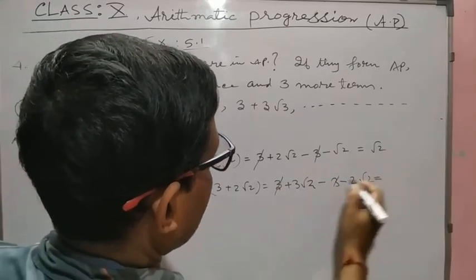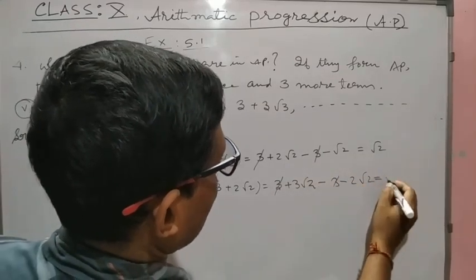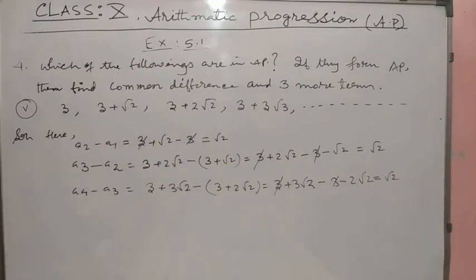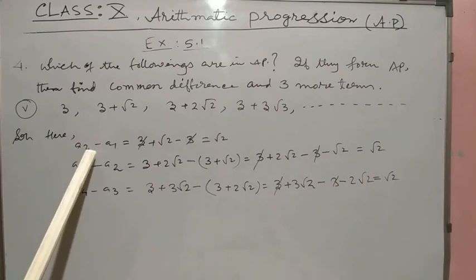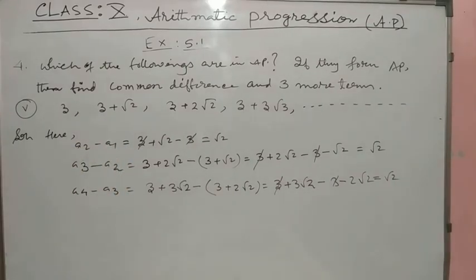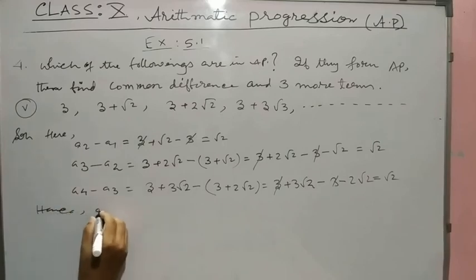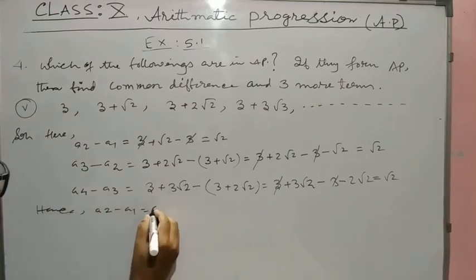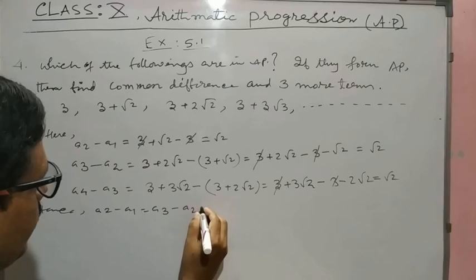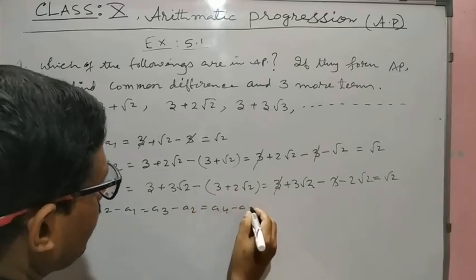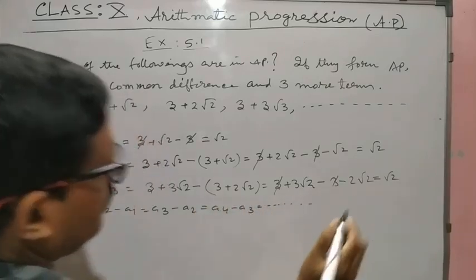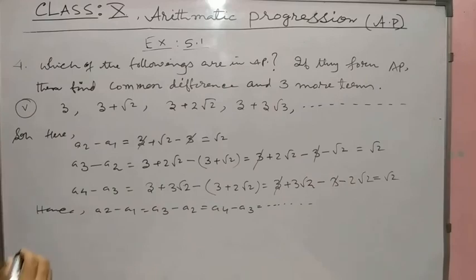So this also will be 3 root 2 minus 2 root 2, that is root 2. Thus we have seen that all these differences are same. Hence A2 minus A1 equal to A3 minus A2 equal to A4 minus A3 equal to dot dot dot dot.